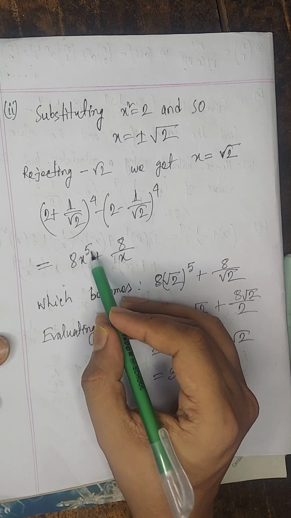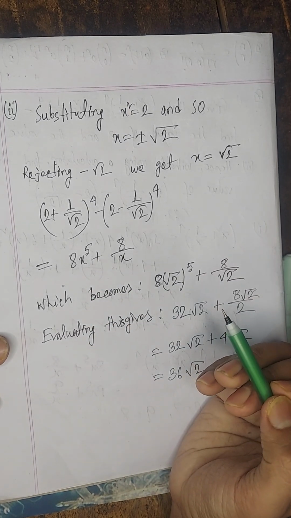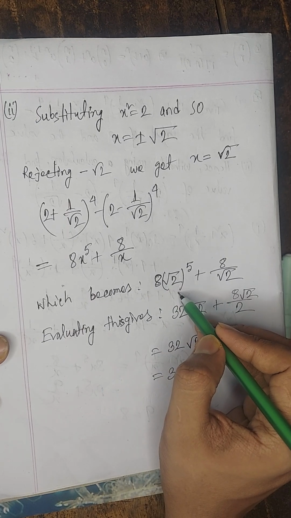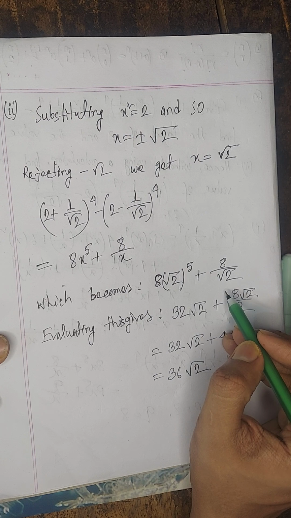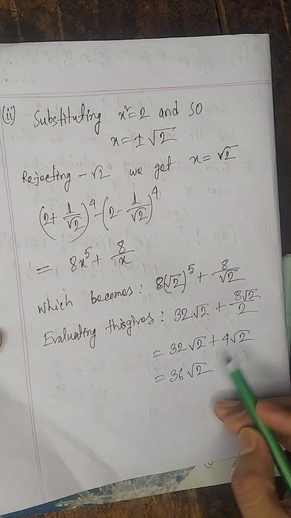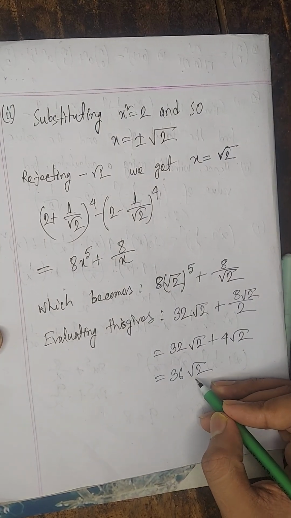Then we get 8x to the power 5 plus 8 by x, which becomes 8 root 2 to the power 5 plus 8 by root 2. After calculating this, we get 36 times root 2.